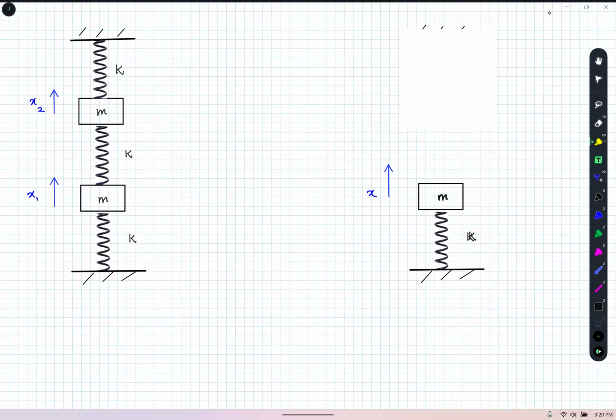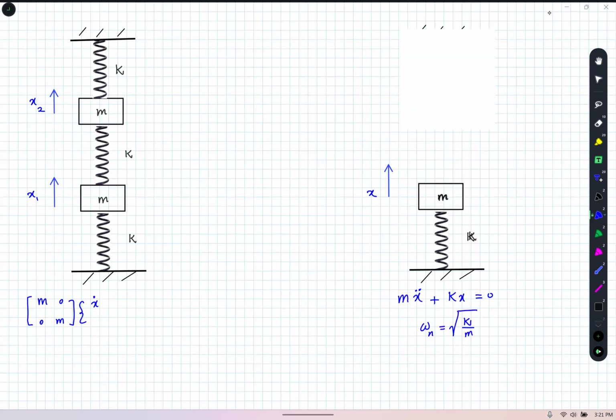Here we wish to compare a single degree of freedom system, which we learned before, and we know its equation is simply m x double dot plus k x equal to 0. Obviously, this one gives me the natural frequency of square root of k over m. But for this 2 degrees of freedom system, if we write the equation, we are going to end up with matrix equations.